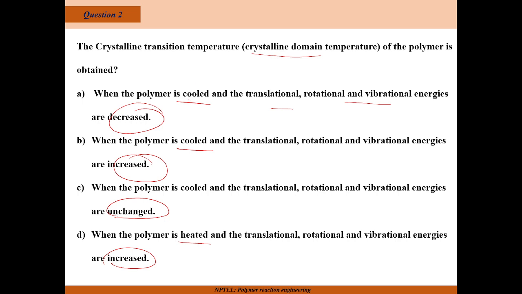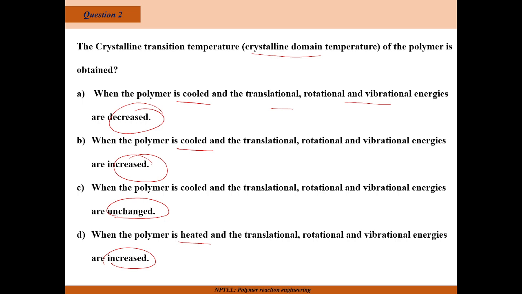Definitely, when the polymer is well cooled, the energy of the molecules decreases. That makes the system more stable, the molecules come to a much lower energy, and hence they can club together and form a denser structure that causes a crystalline nature in the polymer.